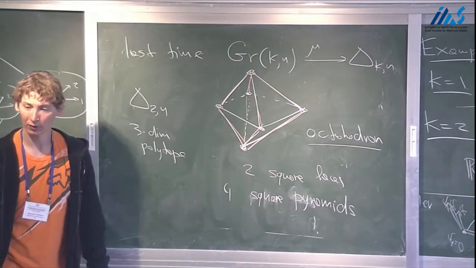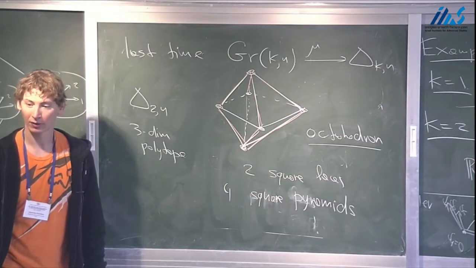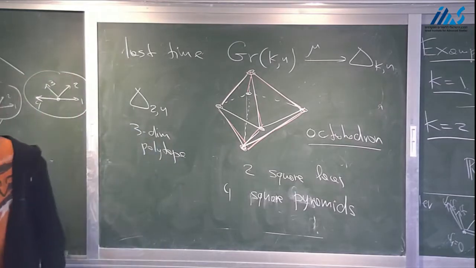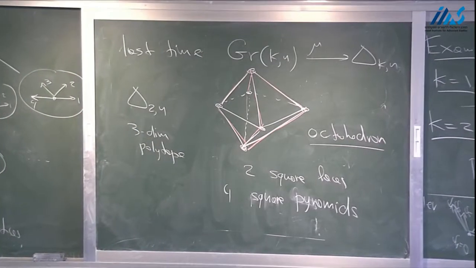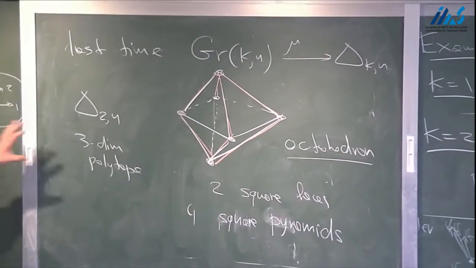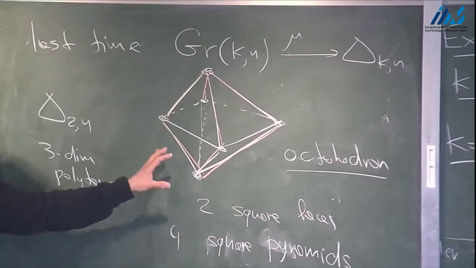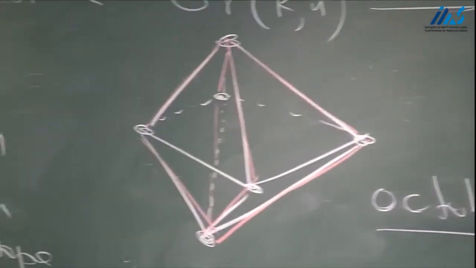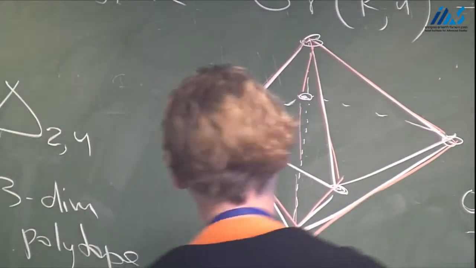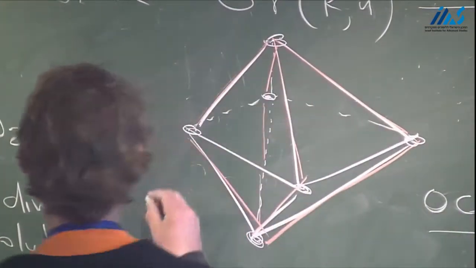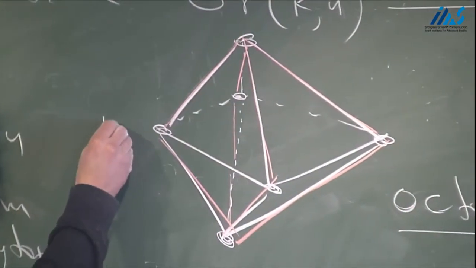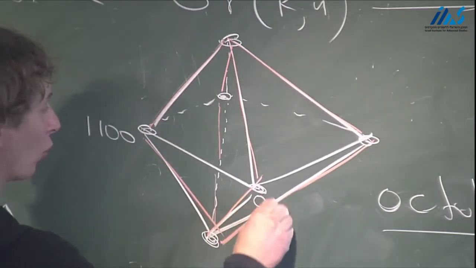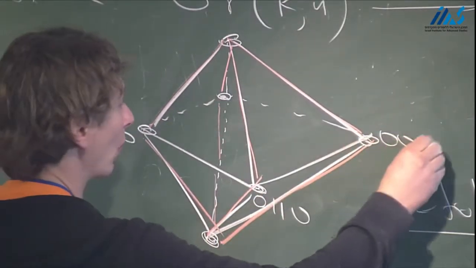What is the symmetry break? There is a lot of symmetry in the octahedron. The positive Grassmannian polytope also has a symmetry, but a different symmetry. Maybe I should mark these vertices. This is 1, 1, 0, 0. This is 0, 1, 1, 0. This is 0, 0, 1, 1.